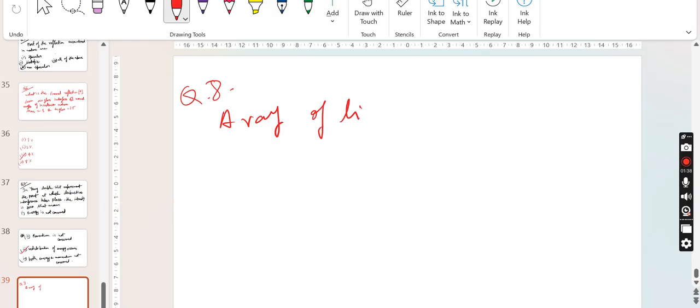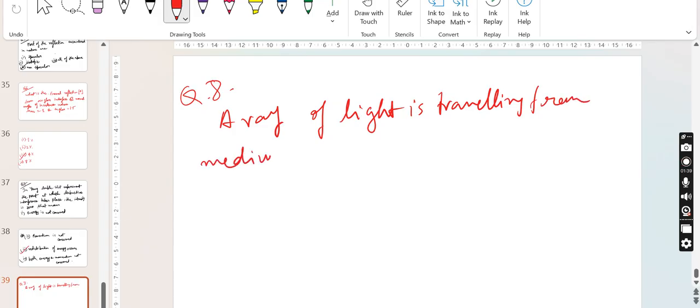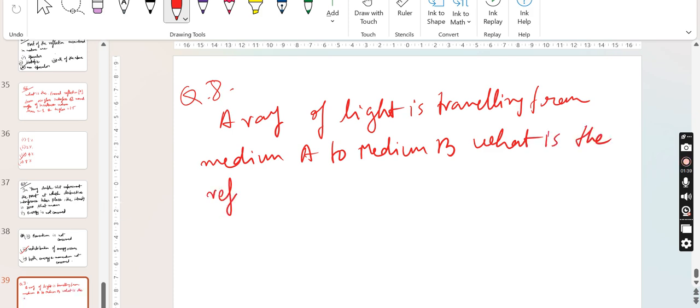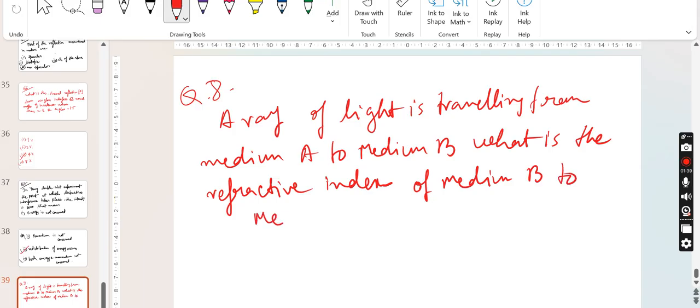A ray of light is traveling from medium A to medium B. What is the refractive index of medium B to medium A?